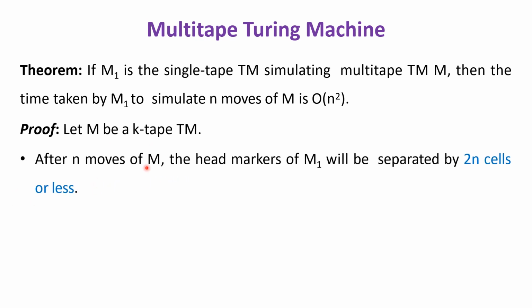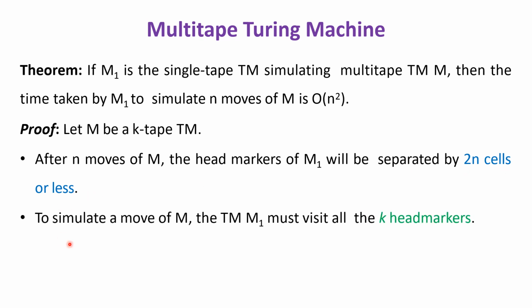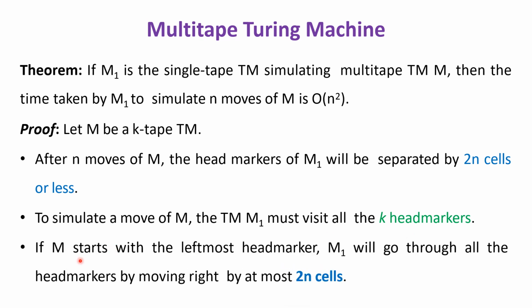After n moves of M, the head markers of M1 will be separated by 2n cells or even less. So to simulate a move of M, the Turing machine M1 must visit all the k head markers. If M1 starts with the leftmost head marker, it will go through all the head markers by moving right by at most 2n cells.